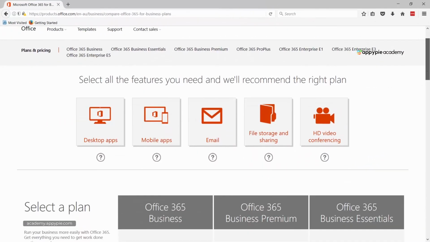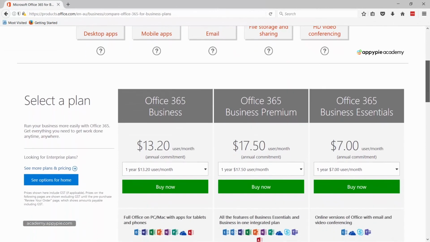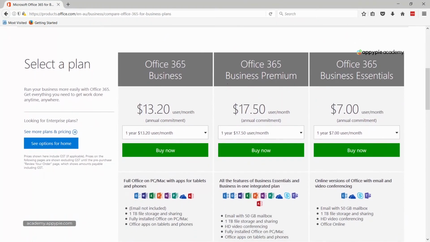So I'm going to scroll down a little and you can see I'm here on the pricing page for Office 365 for Business. The prices are per customer, per month, or per user per month, and there's 3 different tiers here. Different tiers, you get different applications available as part of each tier.